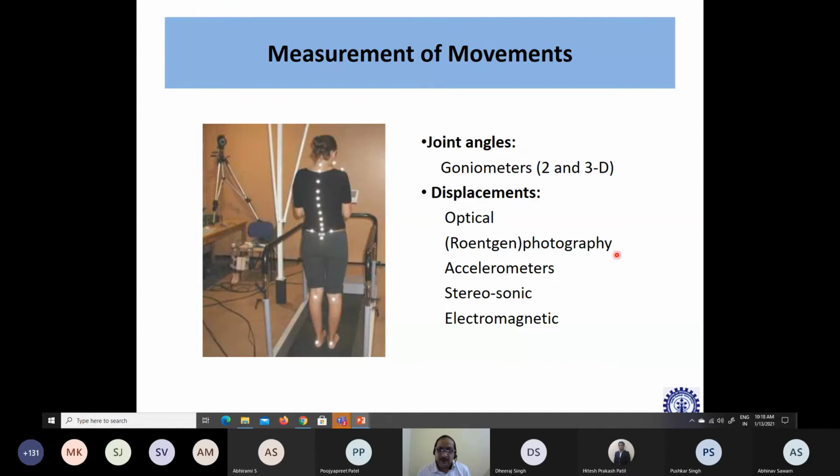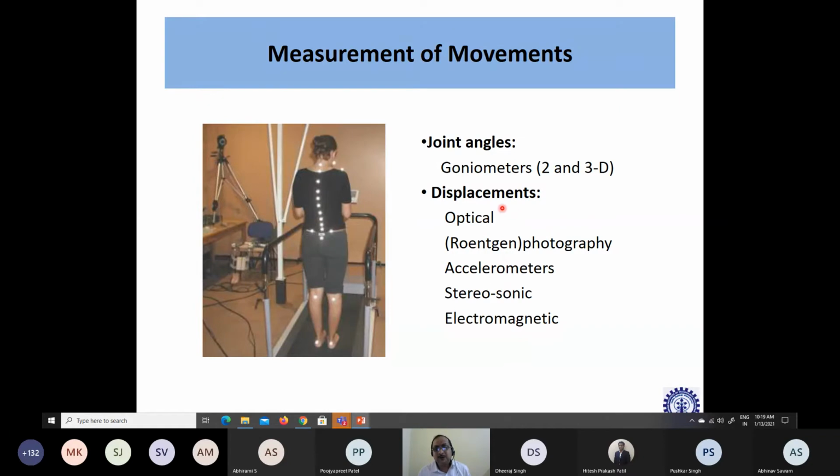Very early days, photography was used to study human movements. There have been accelerometers, which measure acceleration, velocity. As you all know, it is used in mechanical engineering to pick up vibration. So accelerometers have also been used to measure human movement, as well as stereosonic and electromagnetic methods. But these are mostly obsolete.